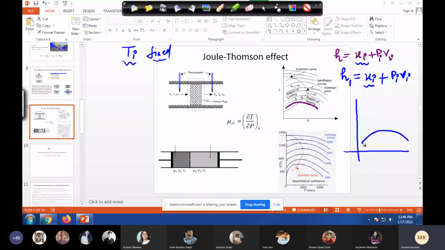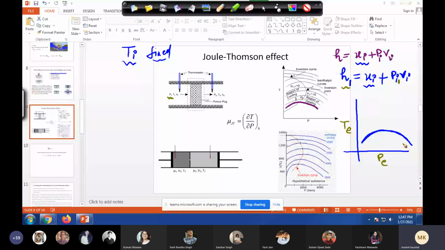How is this curve created? T exit. For different pressures, we are measuring T exit. Right. So all you need to do is play with this PI. Let's say first you choose any PI, say PI1. So we'll get some enthalpy value H1.